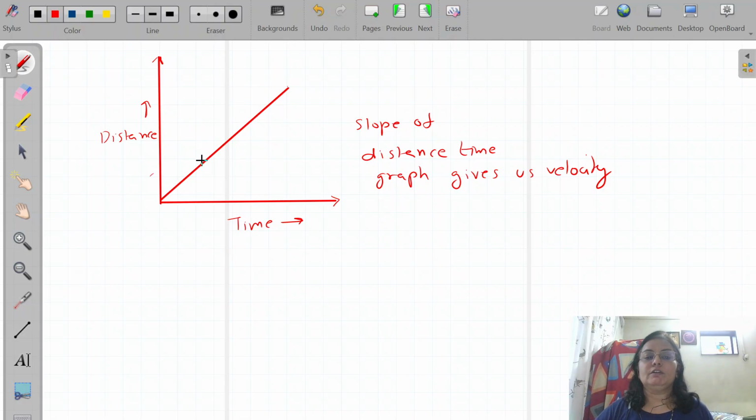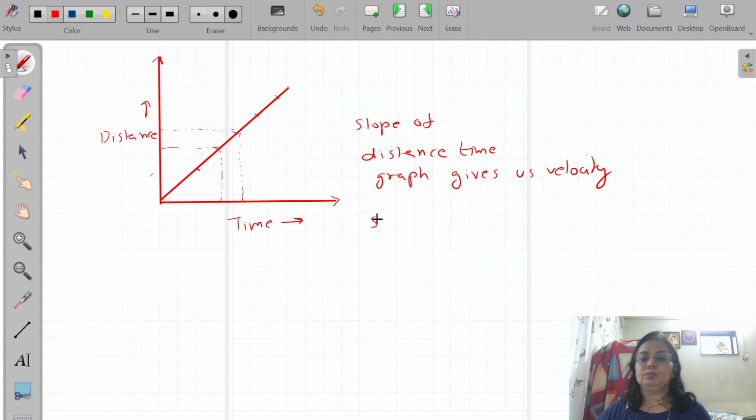So when an object covers equal distances in equal intervals of time, it is moving with uniform velocity. So how will you define the slope of this graph? You would have studied this in maths.